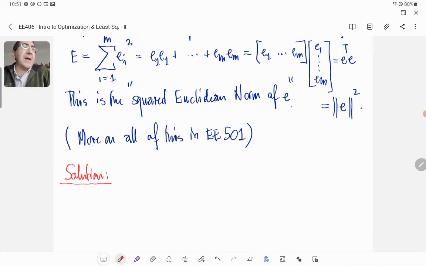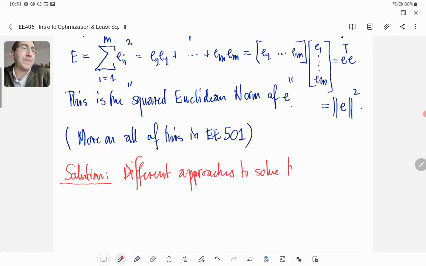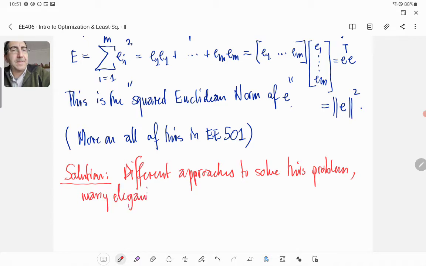There are different approaches to solve this problem. Many elegant concepts in linear algebra.